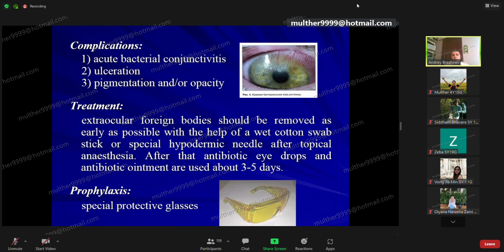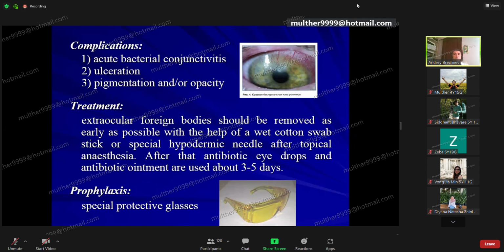A corneal foreign body may be complicated even by ulceration, and if it is a purulent ulceration, it becomes a purulent corneal ulcer, a very severe disorder with a risk of perforation and other more severe complications. Pigmentation or opacity may be left behind by iron or emery particles embedded in the cornea.